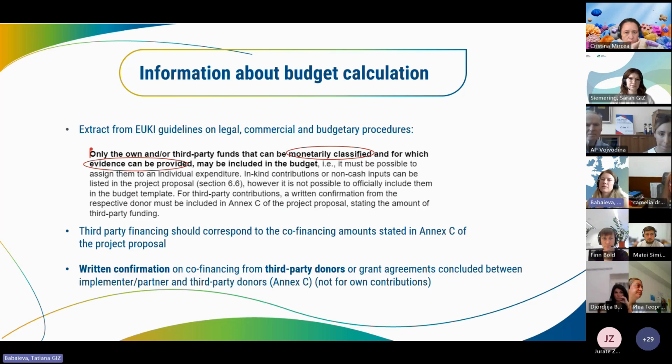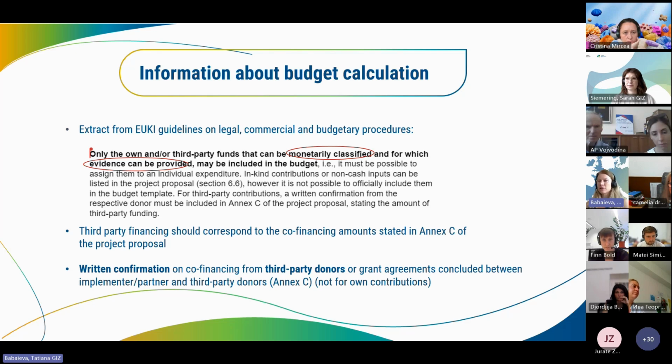Please only plan with own and/or third-party funds that can be monetarily classified and for which evidence can be provided, and don't state any existing equipment or infrastructure in the budget.